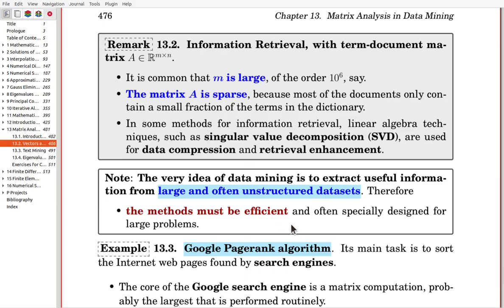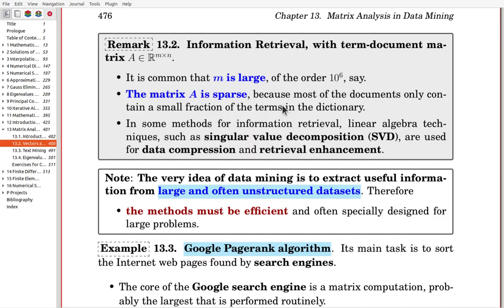Information retrieval with a term document matrix can be considered in this way. It is common that the matrix is m by n with the number of terms large, in the order of a million, and the matrix A is sparse because most of the documents only contain a small fraction of terms in the dictionary.